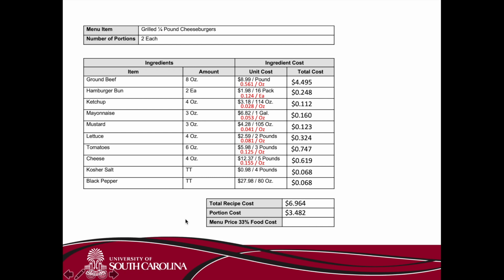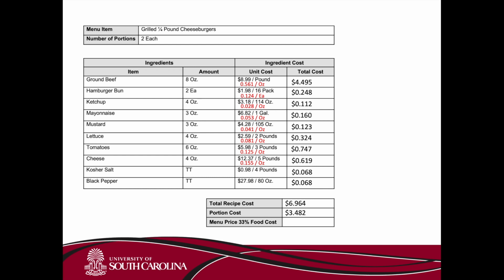That means out of every dollar that comes into the restaurant, 33 cents goes towards the food. So what does the other 67 cents go to? Well, it goes to the employees that are making the food. It goes to your mortgage and your insurance. It goes to your light bill.